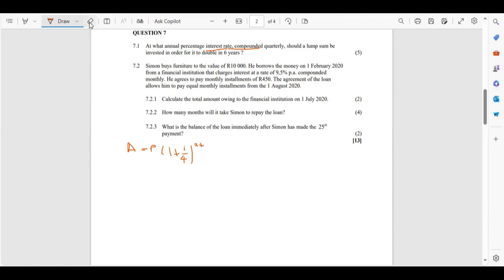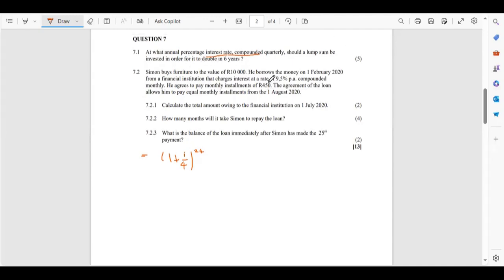And let me substitute in my present value as well as my future value. Now, here they say at what annual interest rate, compounded quarterly, should a lump sum be invested in order for it to double in 6 years? Meaning that if, for example, I want to invest 2,000, at what interest rate should my investment account be so that this 2,000 at the end of 6 years could be 4,000?